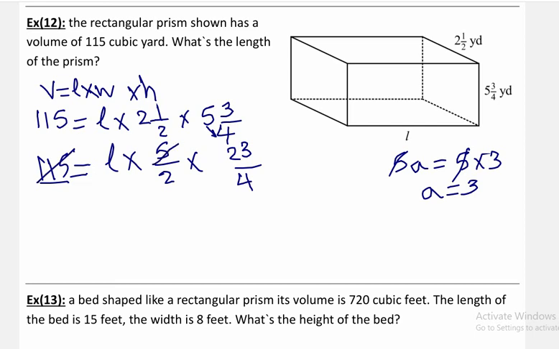Cancel it with them. Then you have 1. You don't have 0 here. You have 1. 115 divided by 115 is 1. L equals L divided by 2, which means L equals 8 yards. Very simple. Try to get rid of long division as much as you can. Okay?